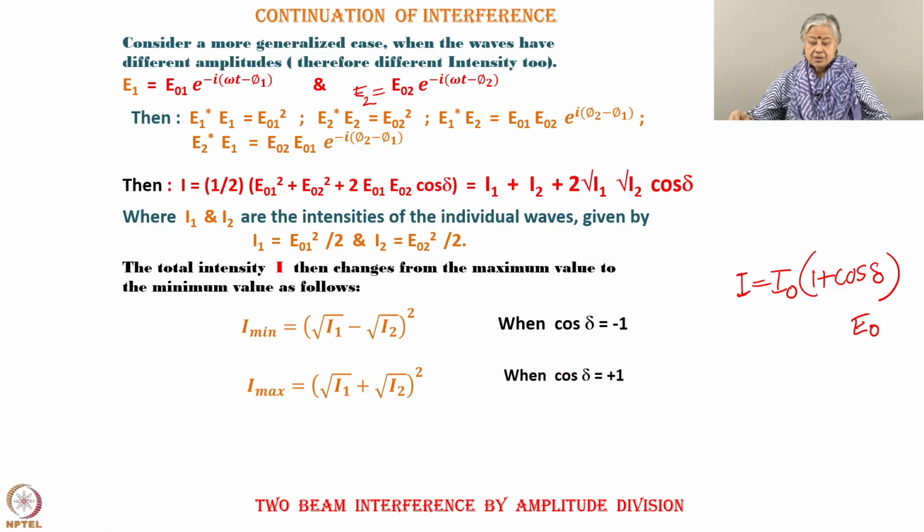Delta, that is phi 2 minus phi 1, can change in such a way that cos delta is equal to minus 1 or plus 1. So, now I have two beams that have overlapped and crossed each other in space and in time, and they have given rise to a minimum intensity and a maximum intensity.